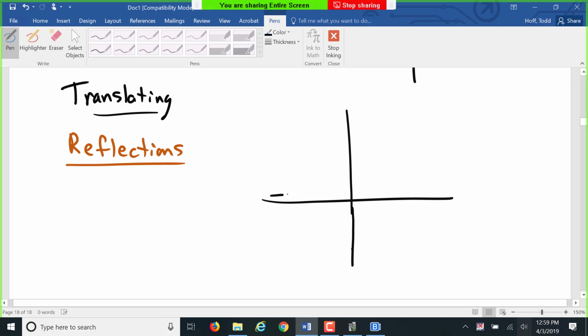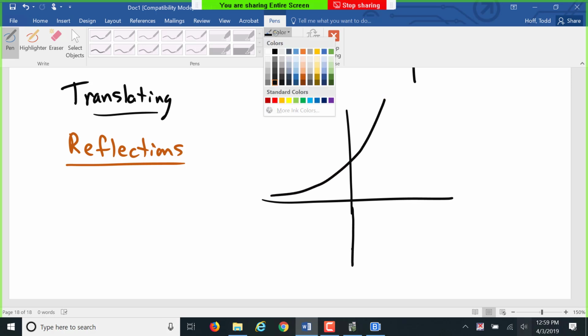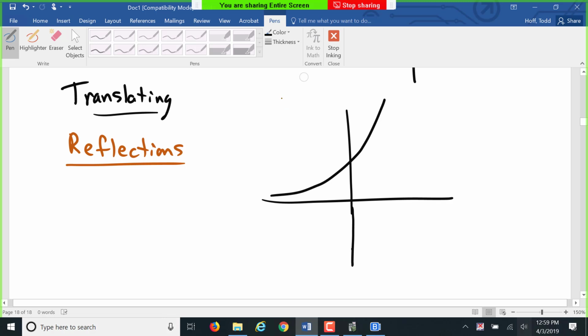let's say the graph looked like this. A reflection could either be about the y-axis. Well, the y-axis is this one, so that means every point that's on this side gets moved over to the other side the same distance away. So that would look something like that.